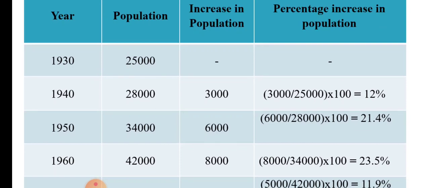Likewise, for the next decade, 1940 to 1950. In 1940 the population is 28,000. In 1950 it is 34,000. So the increase in population for that decade is 6,000. What will be the percentage increase in population? It will be 6,000 divided by the population in the year 1940, that is 28,000, into 100.